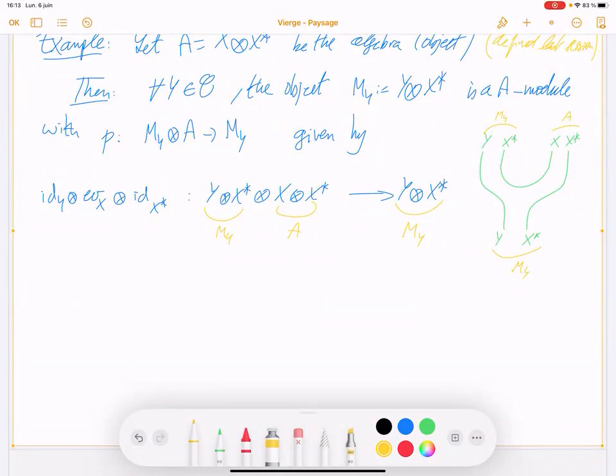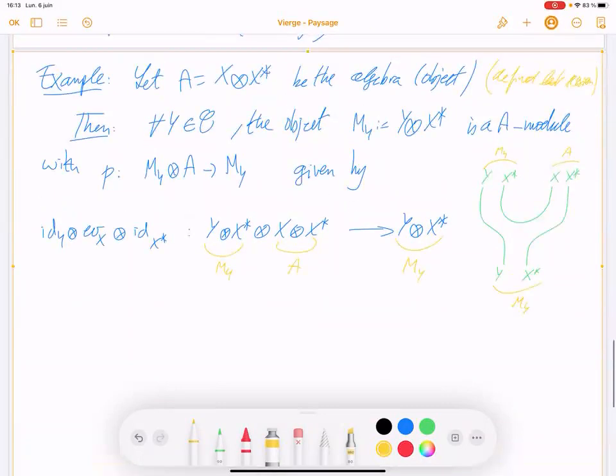So for this specific object, we can provide another collection of A modules.